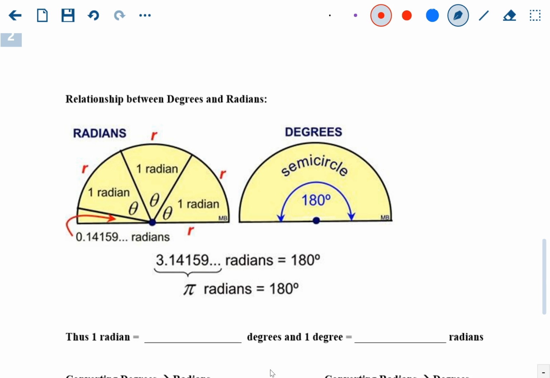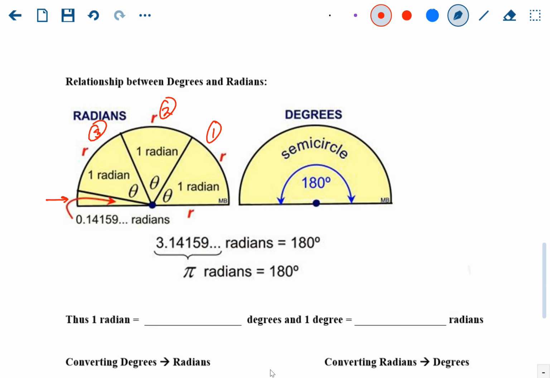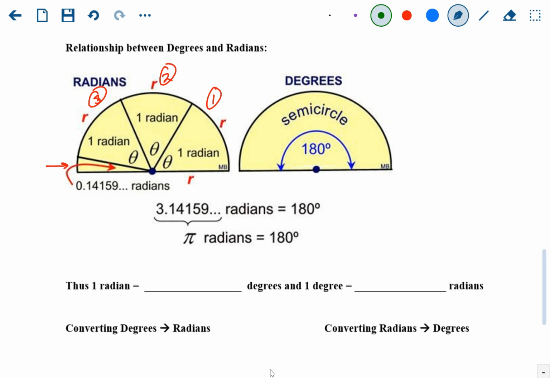All right, finally, there's the relationship between degrees and radians. Okay, so we have a half circle here. In radians, you have 1, 2, 3, and a little bit more radians in a half circle. Whereas in a degrees semicircle, you have 180 degrees. It's half of a circle. Now that little portion is about 0.14159 radians.